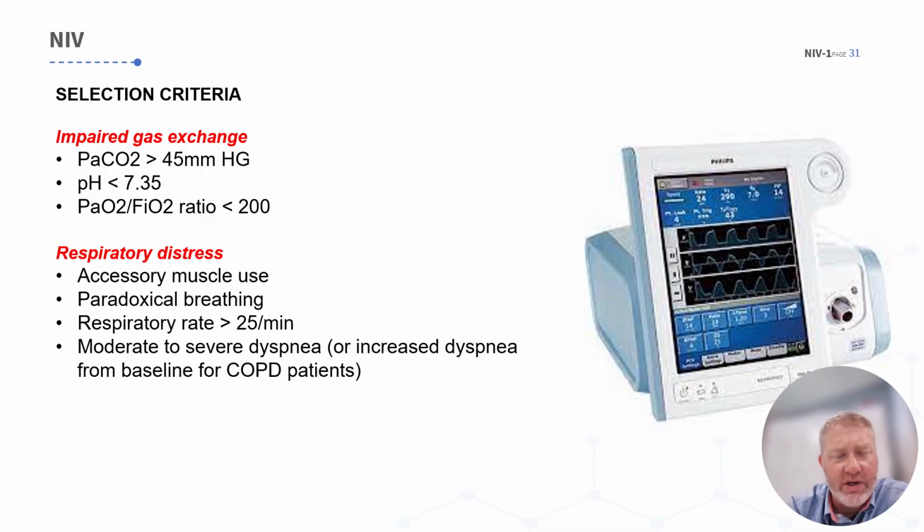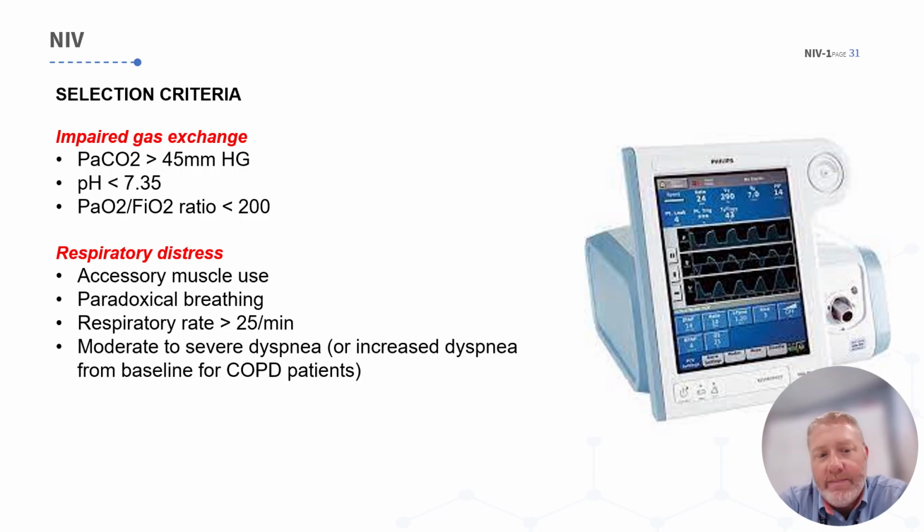If you're fortunate and you're working off of a blood gas, prior to initiating non-invasive ventilation, these are the criteria that we teach. Basically, if they're in respiratory acidosis, so pH below 7.35, PaCO2 above 45, and a PaO2/FiO2 ratio of less than 200, you shouldn't have to worry about that especially in the field.